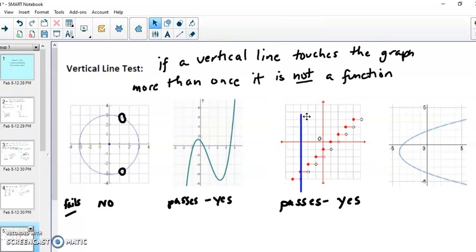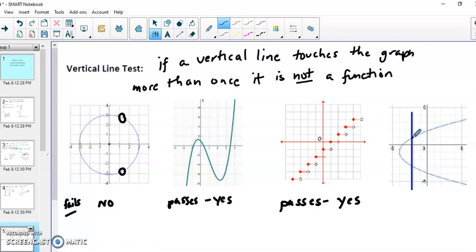The last one is a good example. This is one I often give. Just like the circle, that was the first one. This crosses more than once. No good.